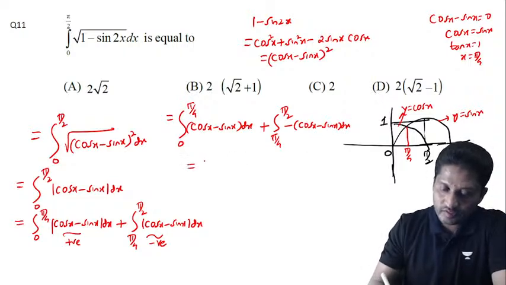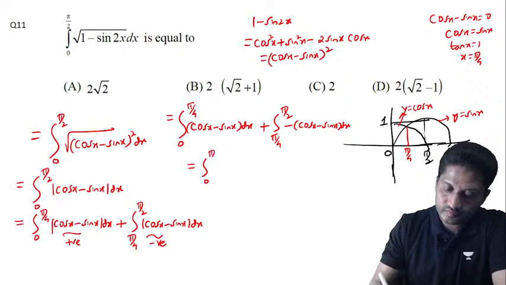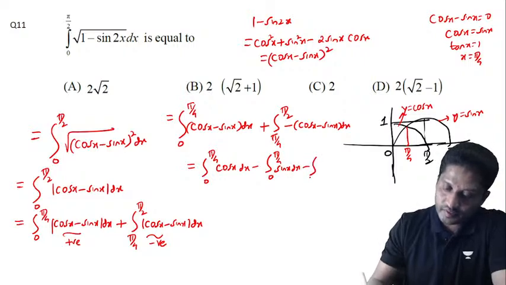Now this is equal to the integral from 0 to pi by 4 of cos x dx minus the integral from 0 to pi by 4 of sin x dx minus the integral from pi by 4 to pi by 2 of cos x dx, and minus and minus is plus, the integral from pi by 4 to pi by 2 of sin x dx.